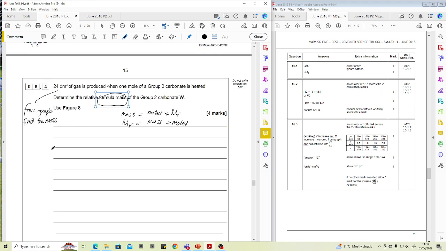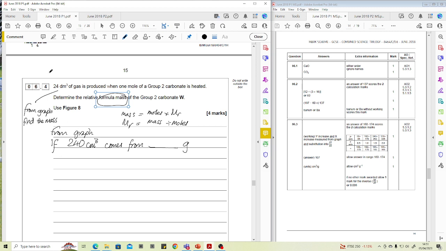Okay, let's use that. So if 240 centimetre cubed comes from something on the graph, let's work out how many grams that comes for.